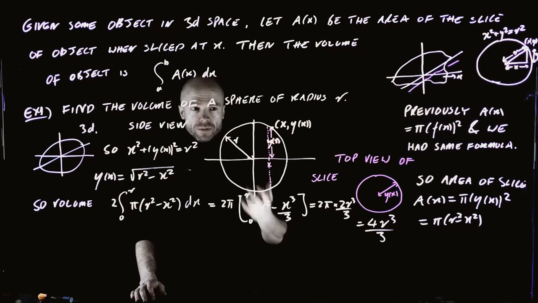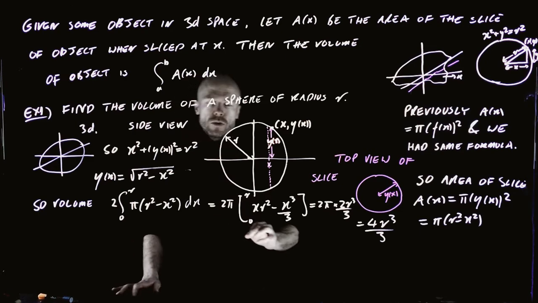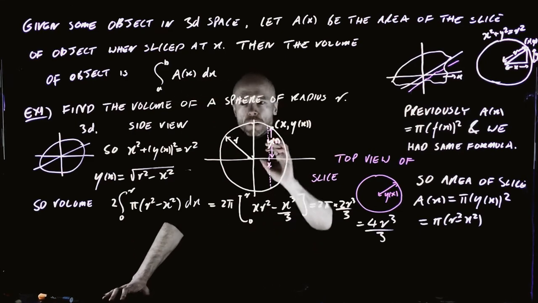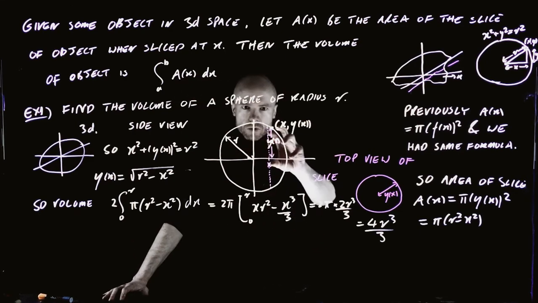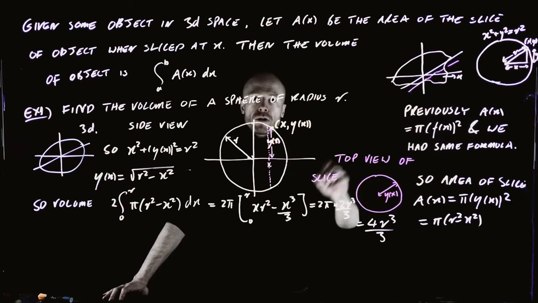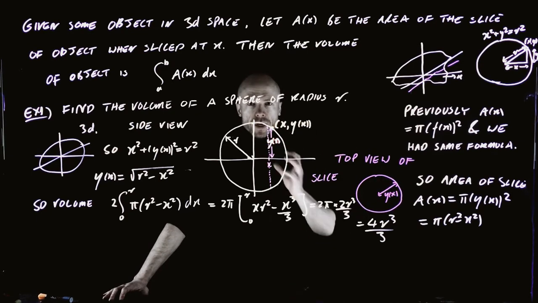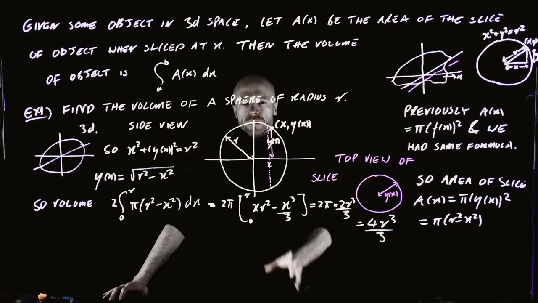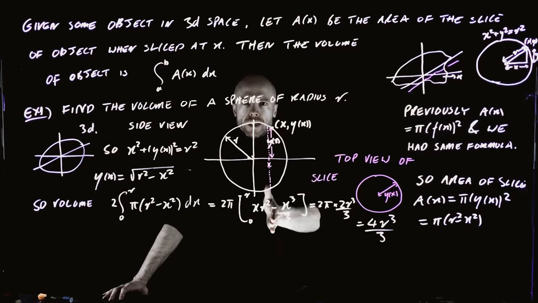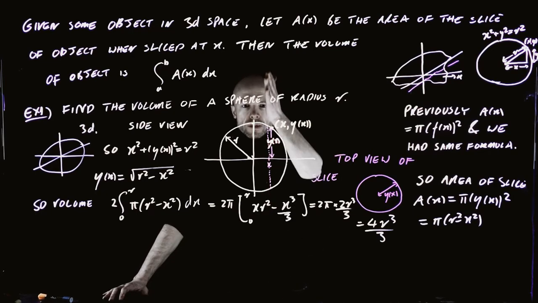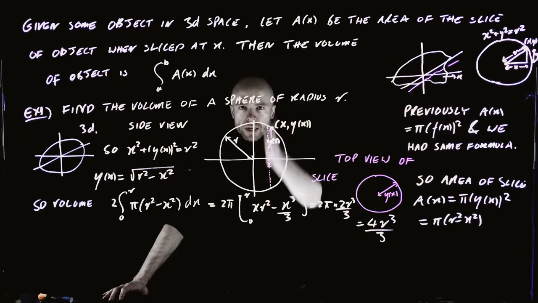What was hard, if anything was hard, well, okay, I agree this maybe isn't so easy if you've never seen this before, but what was hard was coming up with the actual area of the slice. And to do that, we had to visualize the situation. We had to think about what a slice looked like. We had to look at the side view, take a slice, and then realize that the radius of the slice will be given by this quantity with this picture.